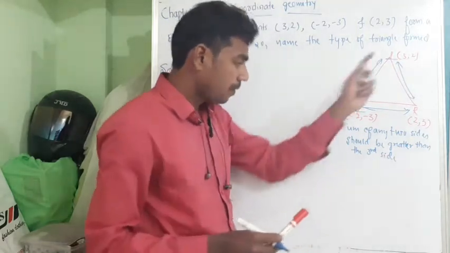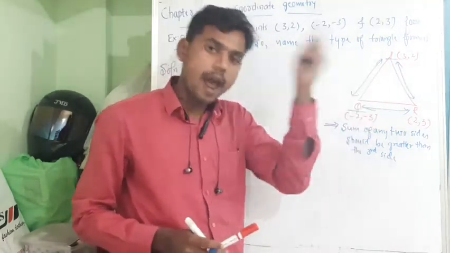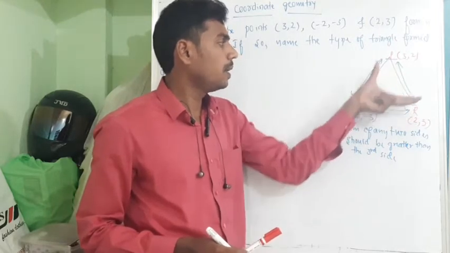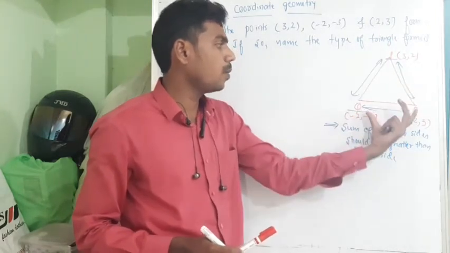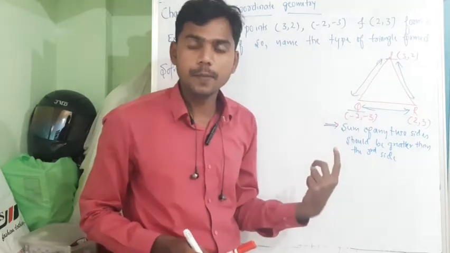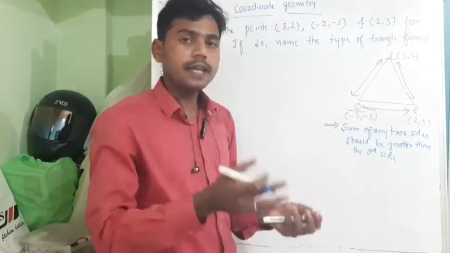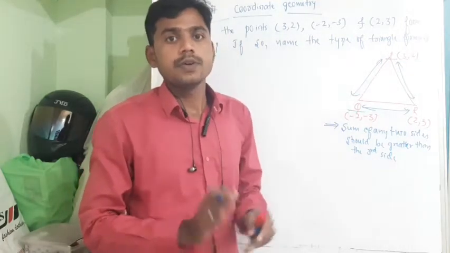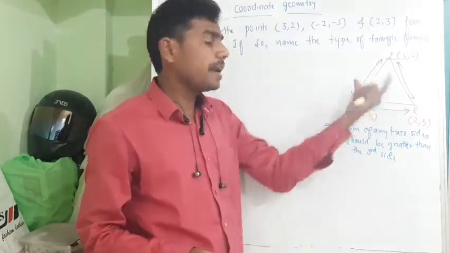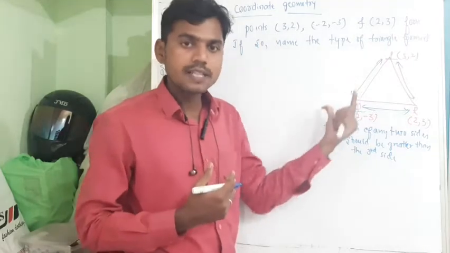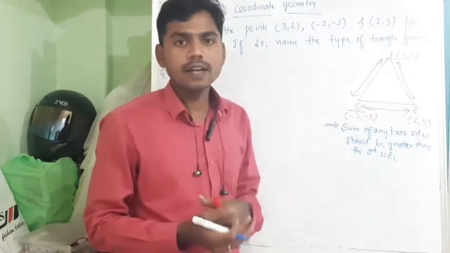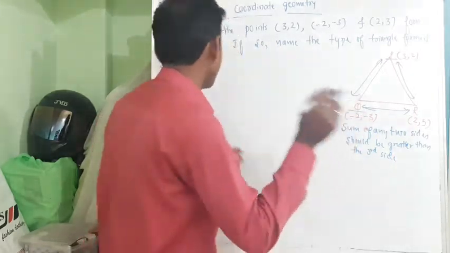After finding the lengths, add two lengths. Either we add PQ and QR, that should be greater than PR, or PR and QR, that should be greater than PQ. Then we say that using these coordinates we can form a triangle. After that we need to identify the relationship between the sides. Then based on that we need to identify the type of triangle. Okay. So first we'll start.